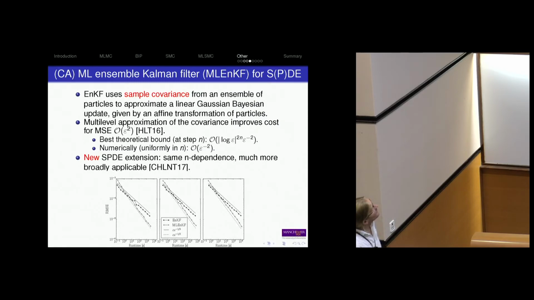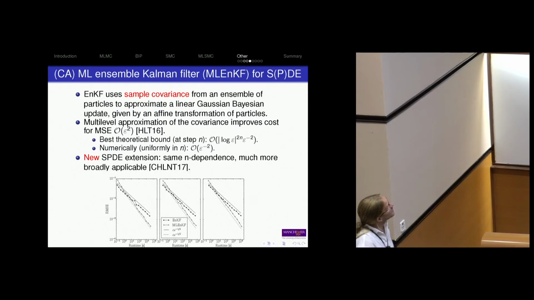The EnKF uses a sample covariance from an ensemble of particles to approximate a linear Gaussian Bayesian update given by an affine transformation of the particles. We've seen this method a few times already last week, the EnKF. So we do multi-level EnKF. We do a multi-level approximation of the covariance, and we're able to improve the cost.